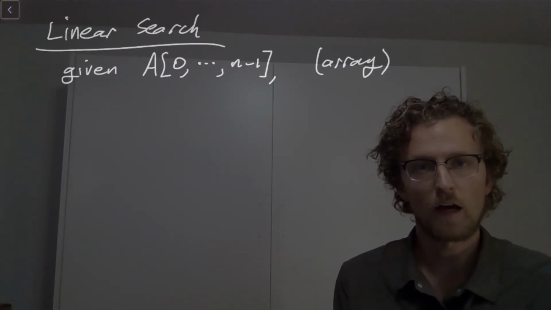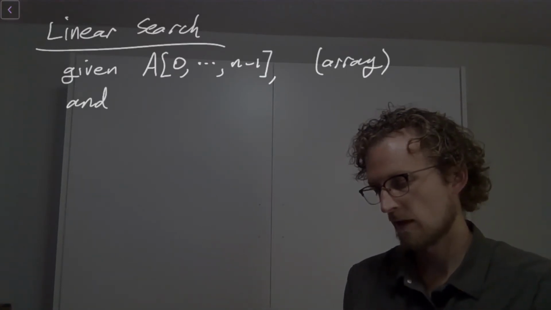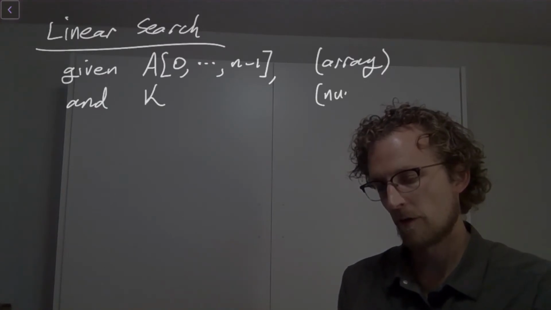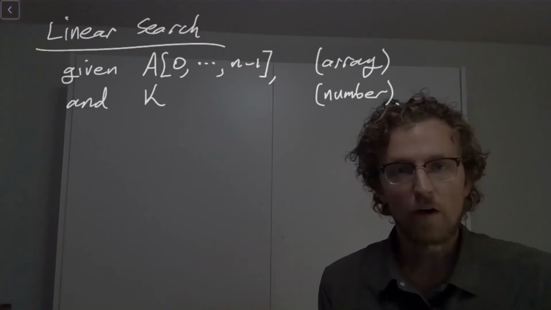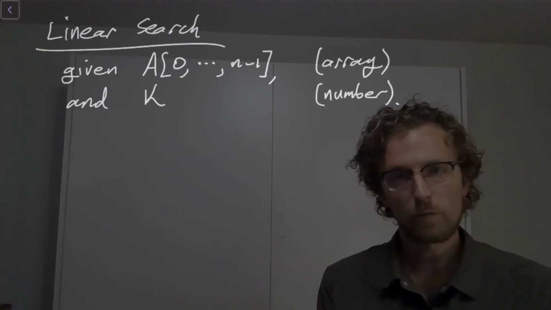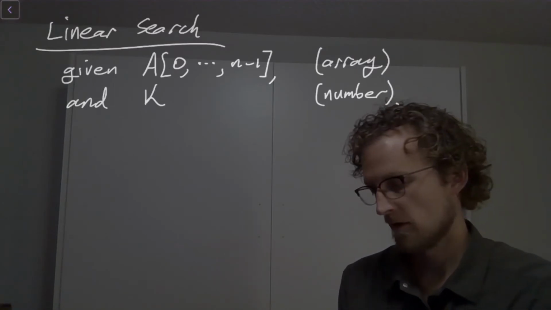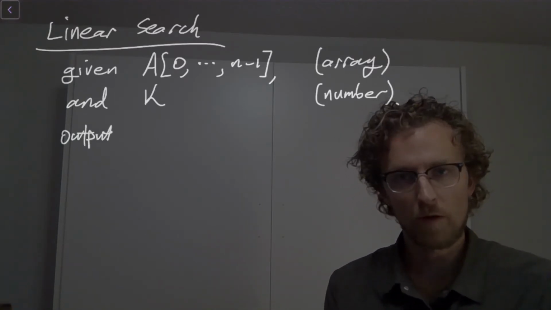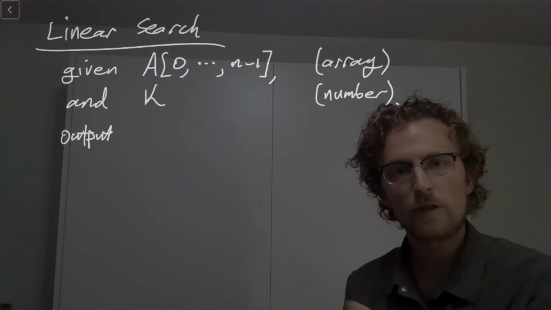So we're given a number k. What's our output? Our output is going to be the index in this array where k appears, right? So we're supposed to look through this array, find the search key, find k, and then return the index.